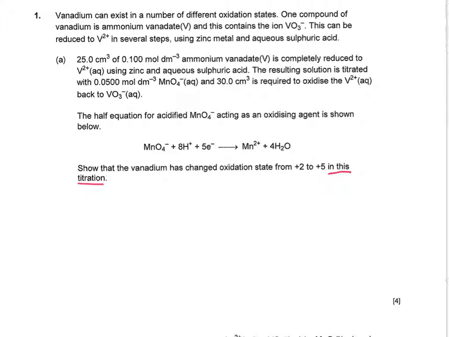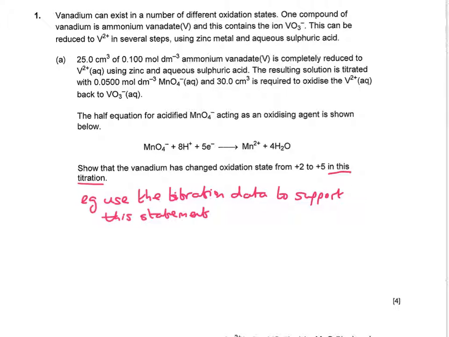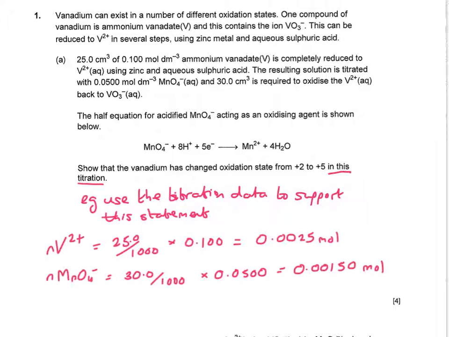So it says, show that the vanadium has changed oxidation state from +2 to +5 in this titration. So in other words, what they want you to do is to use the titration data to support this statement. So let's have a look at what the titration data tells us. First of all, it tells us the number of moles of V2+ and MnO4-.